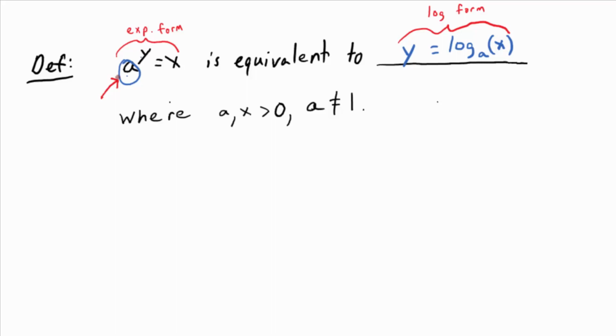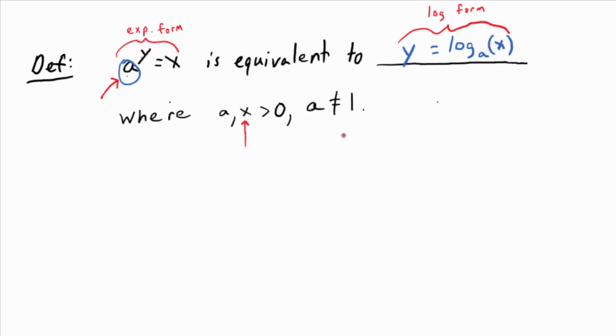If a is negative, we don't allow that because that's confusing. So we don't allow a to be negative. Also, if a is bigger than 0, there's no way x could be less than 0 or even equal to 0. So x is also going to be bigger than 0.